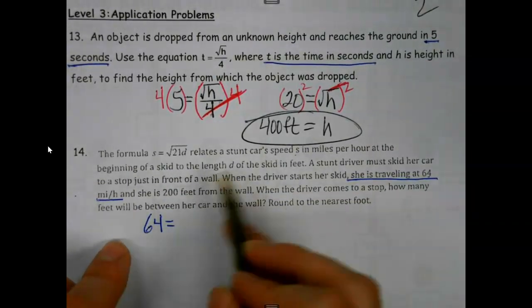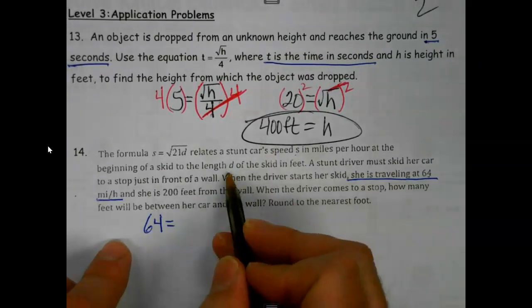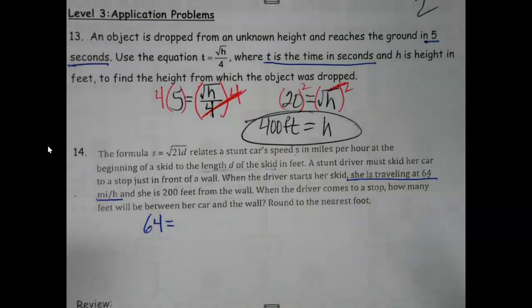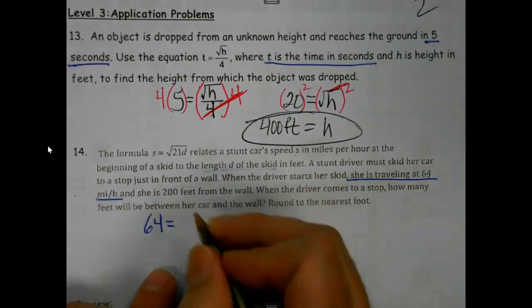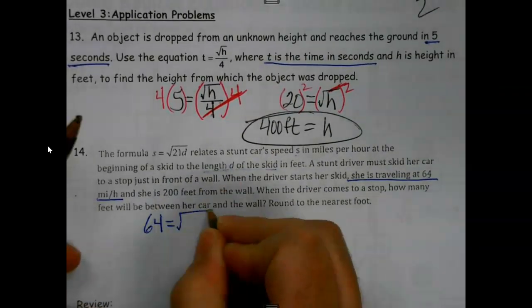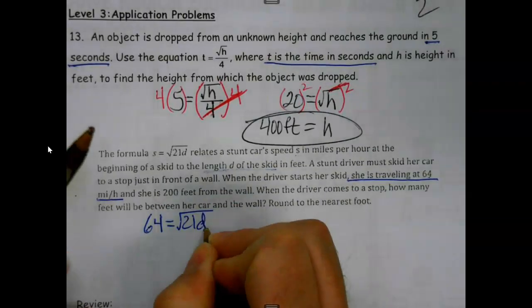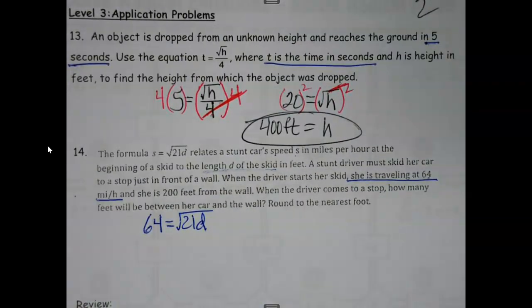You're like, well, then is D 200? D is the length of the skid. This is just saying she's 200 feet from the wall. So no, we're going to leave that as 21D. And when you find D, you're going to find out how far she skidded.